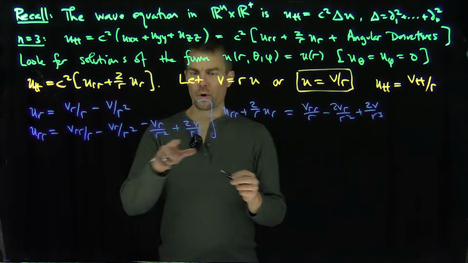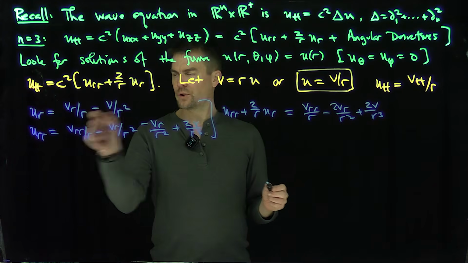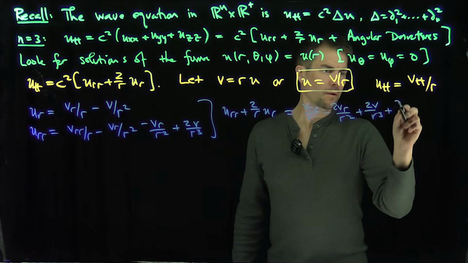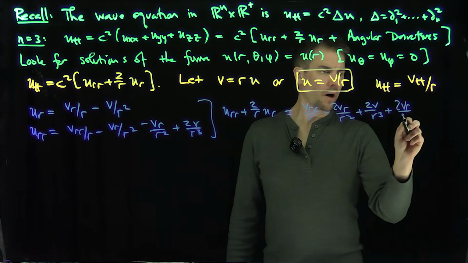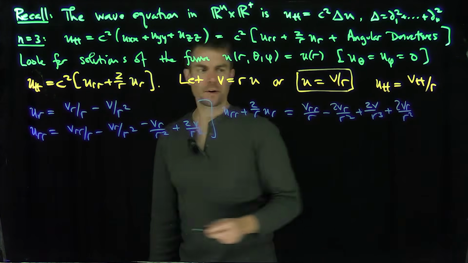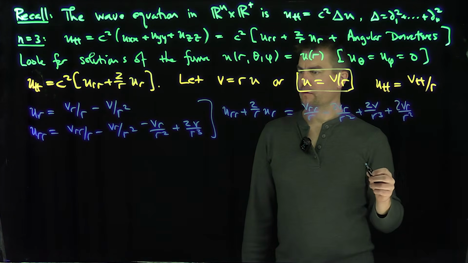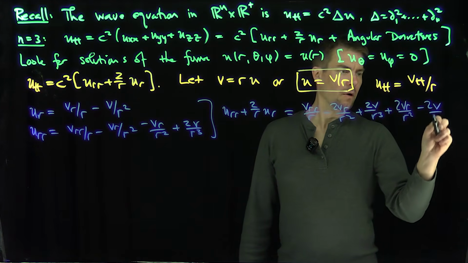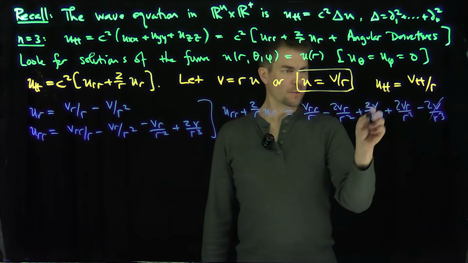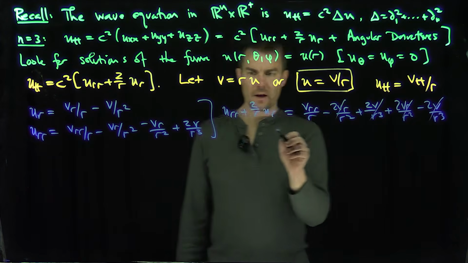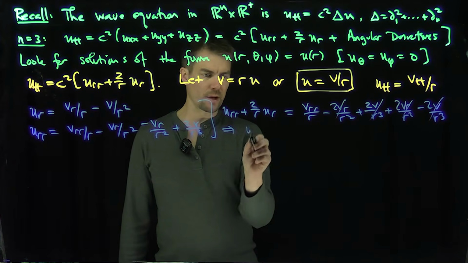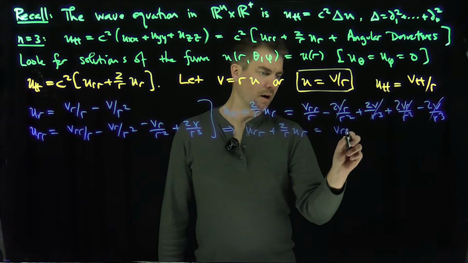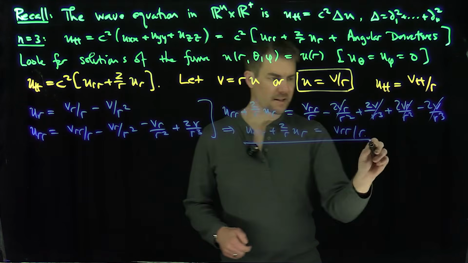And then what is 2 over r times u_r? It is going to be 2v_r over r squared minus 2v over r cubed. So this term cancels with this term, and this term cancels with this term, and therefore u_rr plus 2 over r u_r is equal to v_rr over r. That's how it translates.